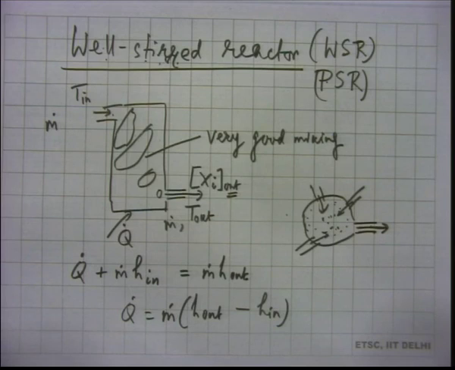The concentration will differ for different. No, the m dot. m dot is you just pushing something at a certain rate. So, m dot is a known number, isn't it? It's in h out, sir. Yeah. So, h in and h out will also depend on species concentrations.